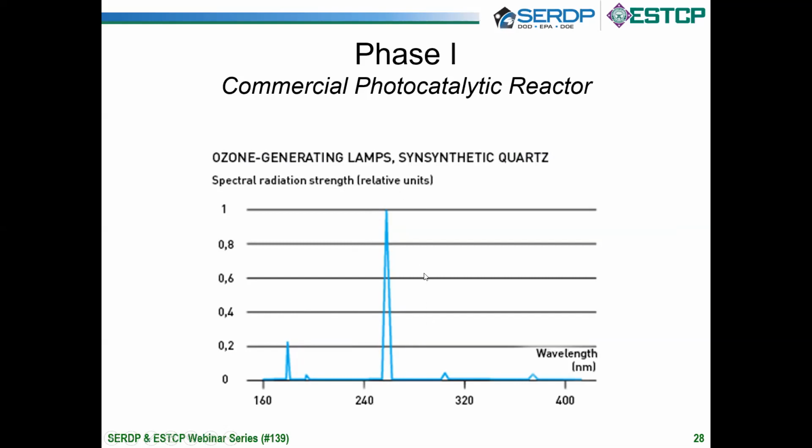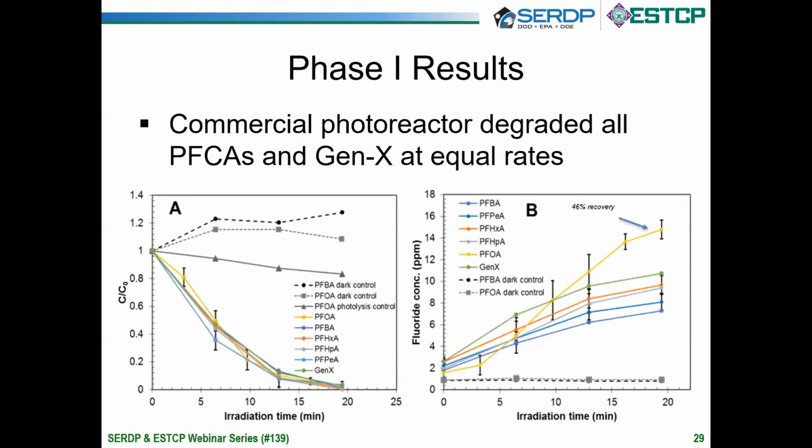And it turns out that most academic studies use these ozone-free lamps. So one of the things that we've been advertising is that it makes sense to use the ozone-generating lamps because they have the same energy efficiency, but this emission peak at 185 turns out to be quite useful. And that shows up in the results of the commercial photoreactor.